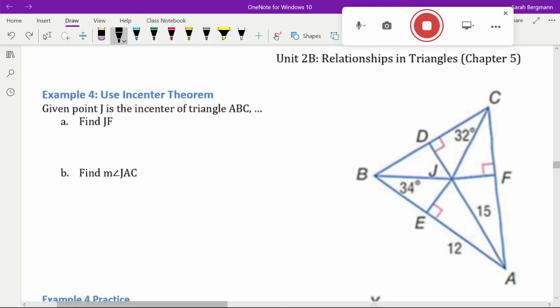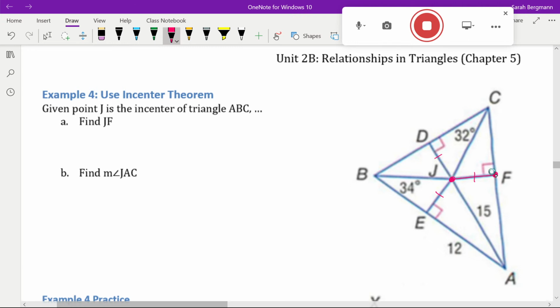First, it says to find JF. JF is this segment here. I know that JF must be equal to JD and JE because point J is the incenter, so it must be the same distance from every side. Notice that JF, JD, and JE are all being measured to the sides along a perpendicular.